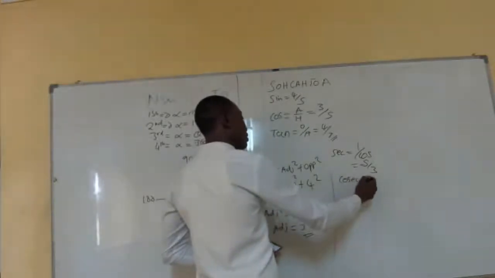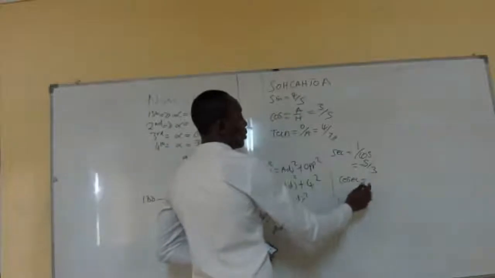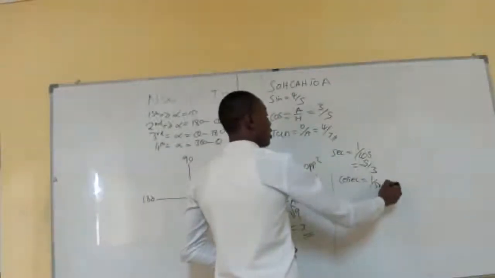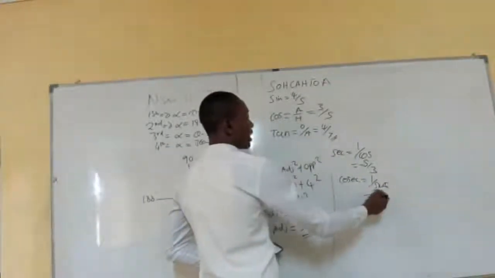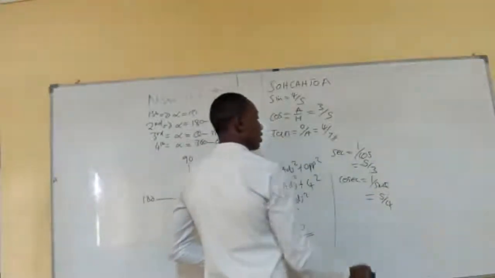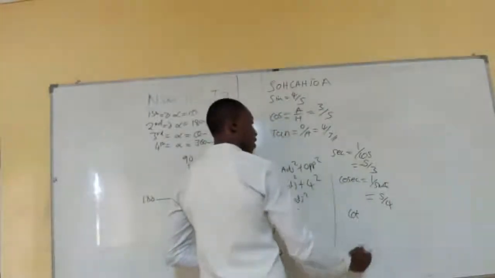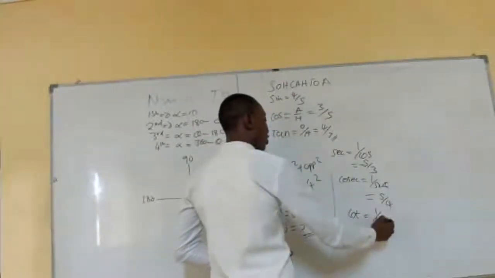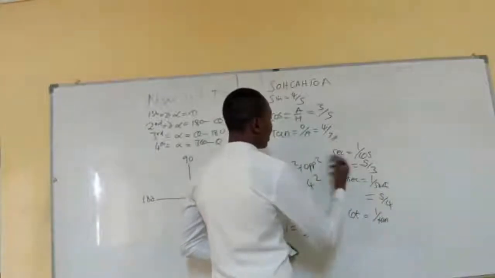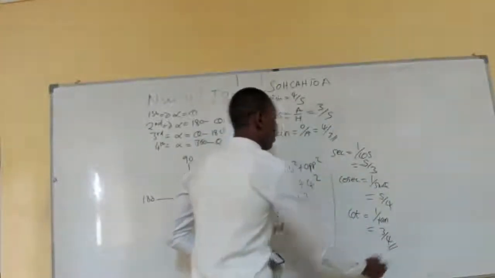Cosec is 1 over sine, and sine theta is 4 over 5, so this is 5 over 4. It flips. Cot is 1 over tan, and tan is 4 over 3, so this is 3 over 4.